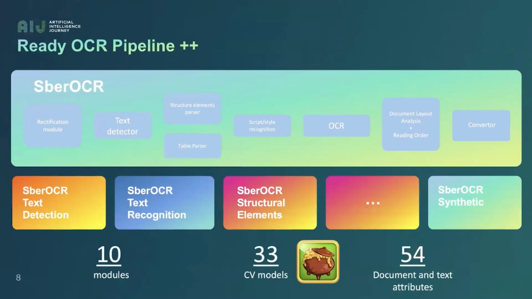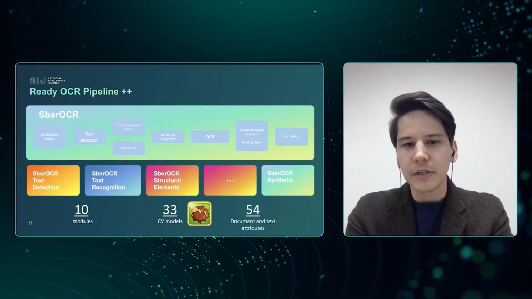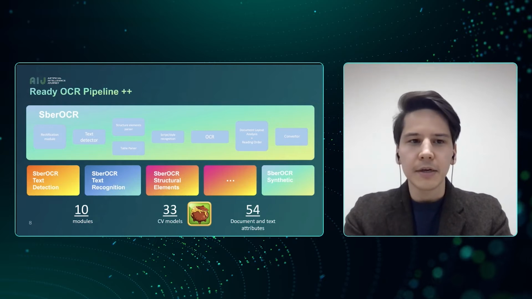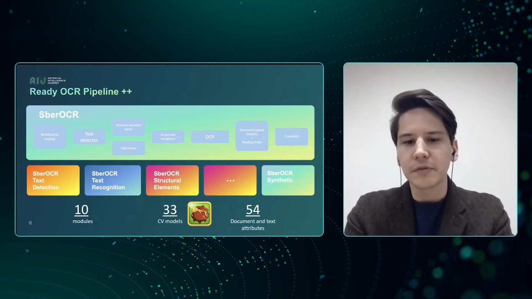SberOCR is quite a large solution. Several teams work on it right now. In the upper part, you can see modules inside the product. There are about 10. In the bottom, you see production pipelines. These are modules that allow you to create SOTA models and fine-tune them to fit your document types.